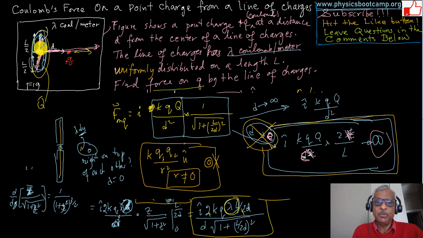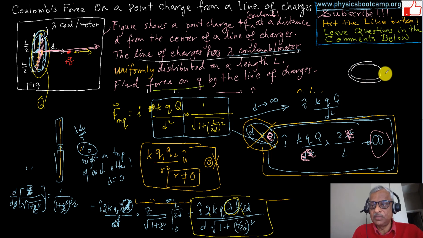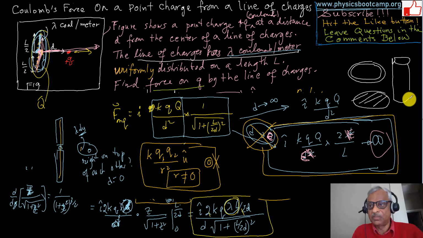So whenever you come across continuous charges, and we're going to come across a lot of them, like a line of charges like this, or a ring of charges, or a disk of charges, or maybe a cylinder, charge on the surface of a cylinder, or a cylinder all the way across, or a sphere, a spherical shell, or a sphere filled with charge.